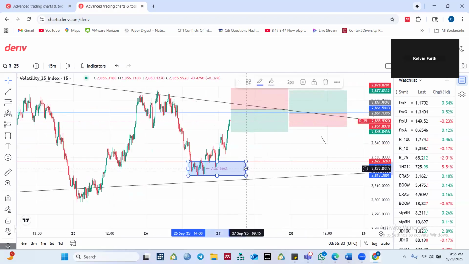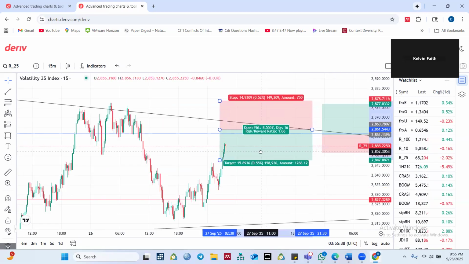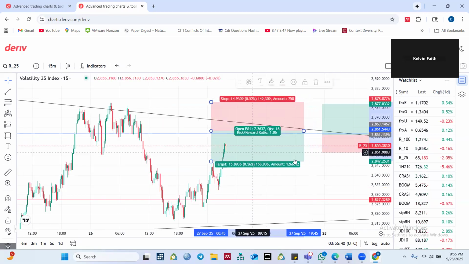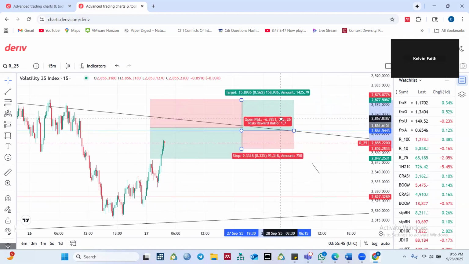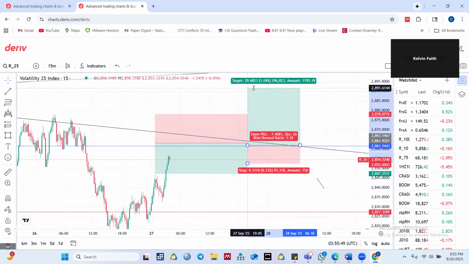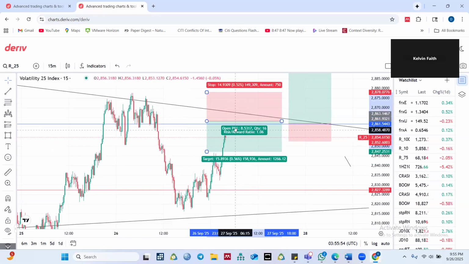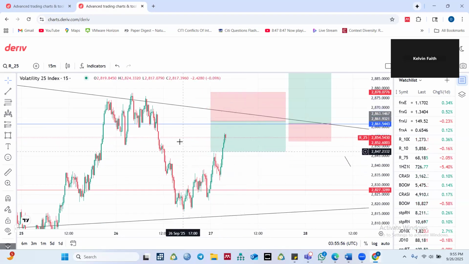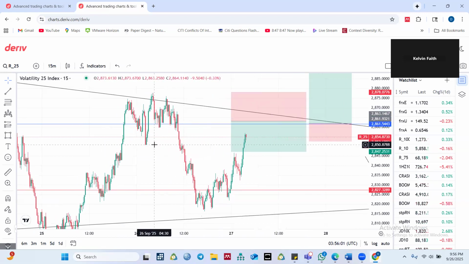Okay, so 15 minutes is already giving us a little indication for the sell, but I won't sell yet. Let's see how it goes. Let's see if it will retest. Let's see if it will push up more.